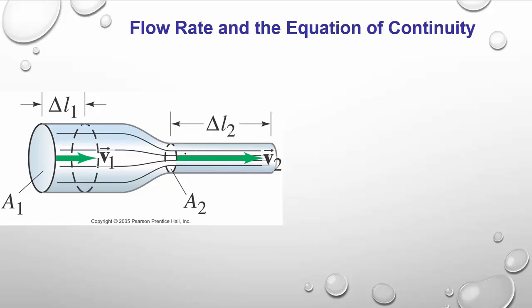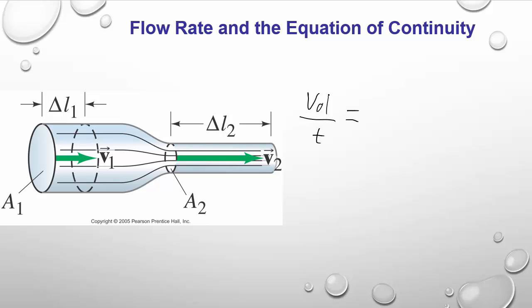Or if more water were leaving this part than was coming, then the pipe would eventually go dry. So you have to have the same volume per time. We call that the volume flow rate. I'm going to write VOL for volume because we're also going to have velocities in a second. So the volume per time is going to be constant for both sections.